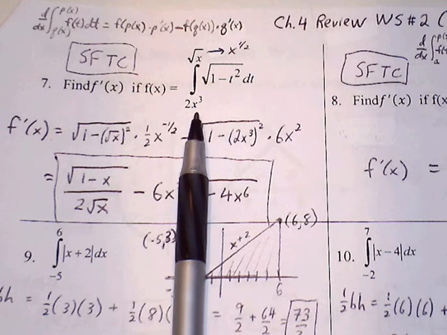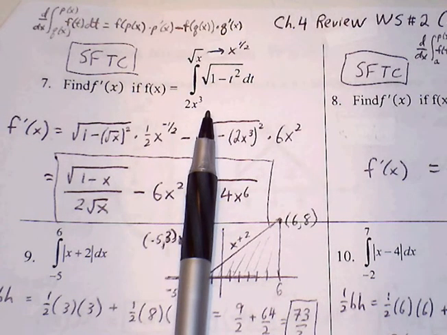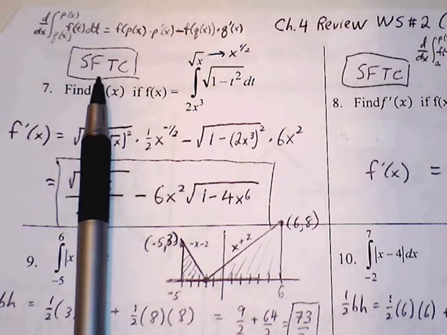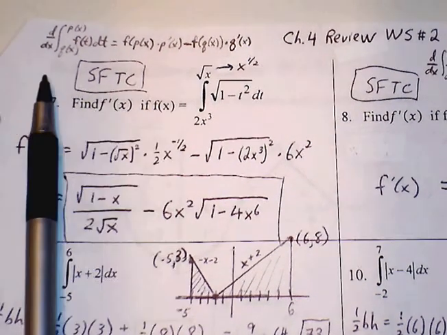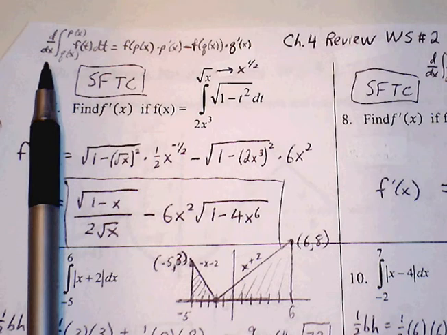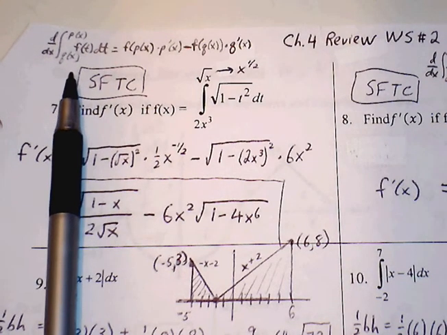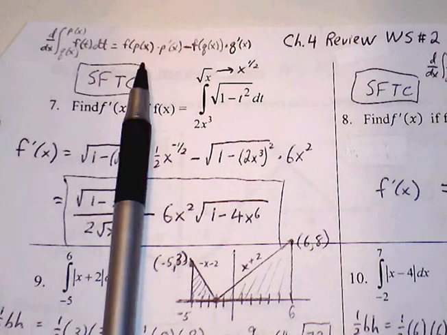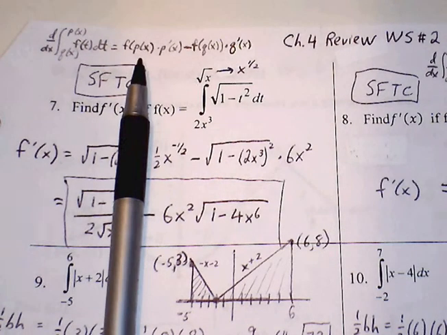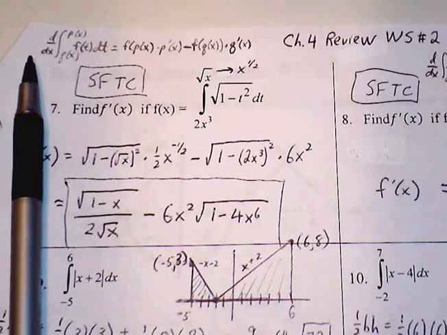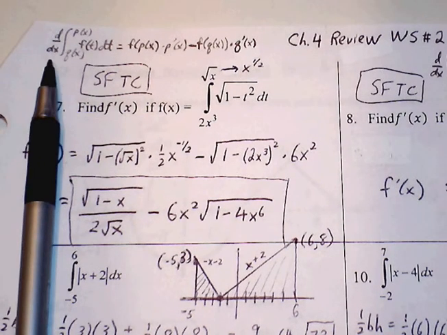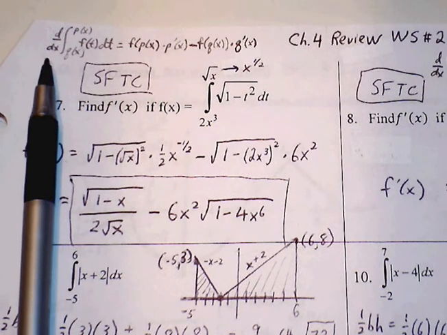Now, if you look at the bounds, both are variables, so we have a second theorem of calculus adapted rule, which says that the derivative of a function from q of x to p of x is equal to, we essentially are taking advantage of the fact that the derivative and integral operations are going to cancel each other out.